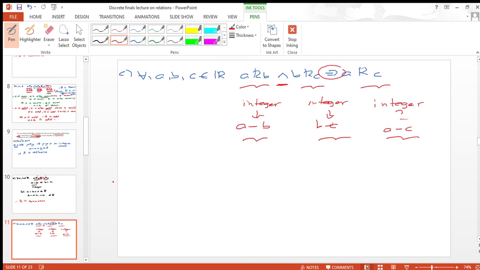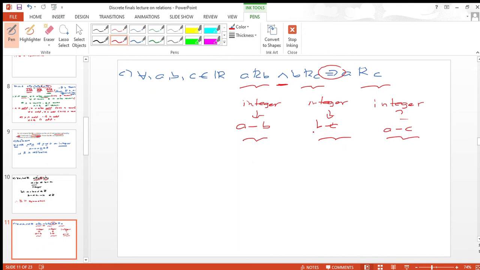So you now have the transitive property also for this one. Again, how did it become the transitive property? A minus B is an integer, B minus C is also an integer. We just use the closure property. Therefore, it should tell us that A minus C is also an integer.